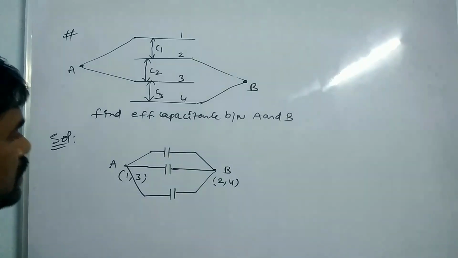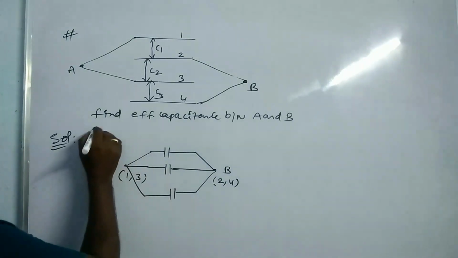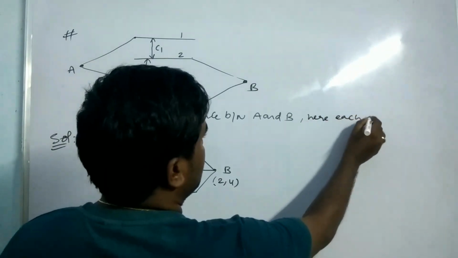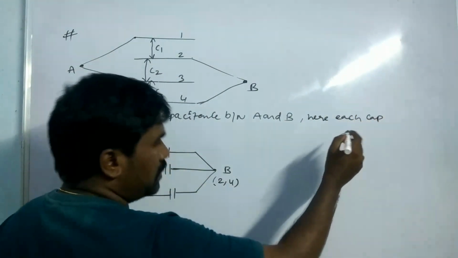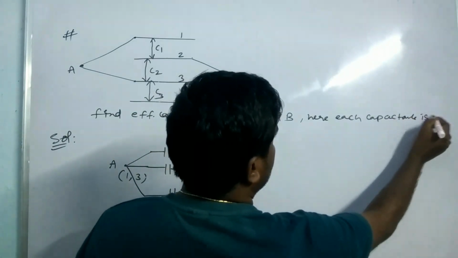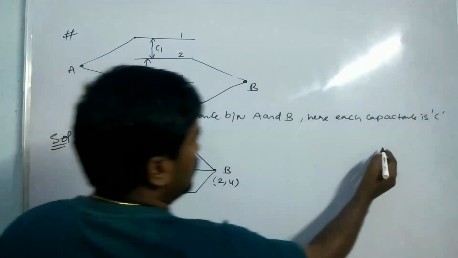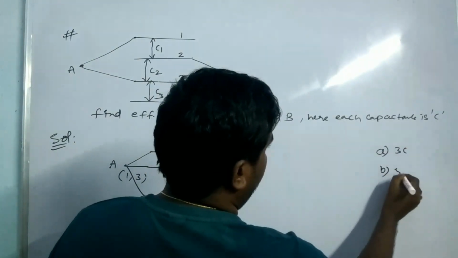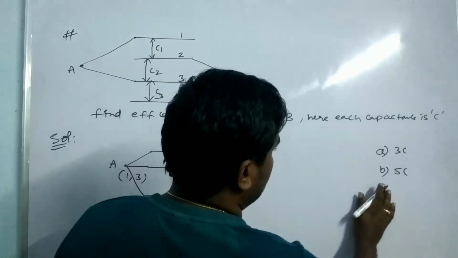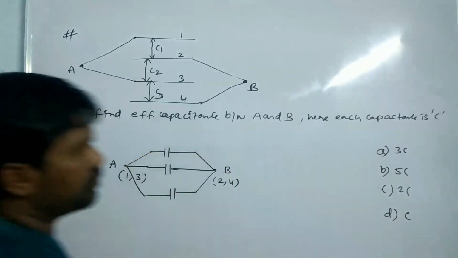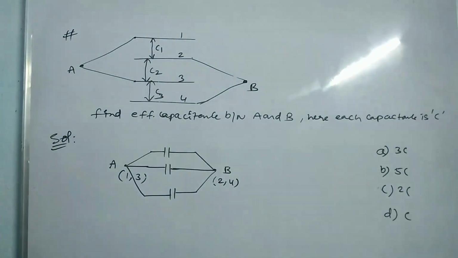These three capacitors are in parallel combination. In the question, each capacitance is C. Options: 3C, 5C, 2C, C. Let us see.